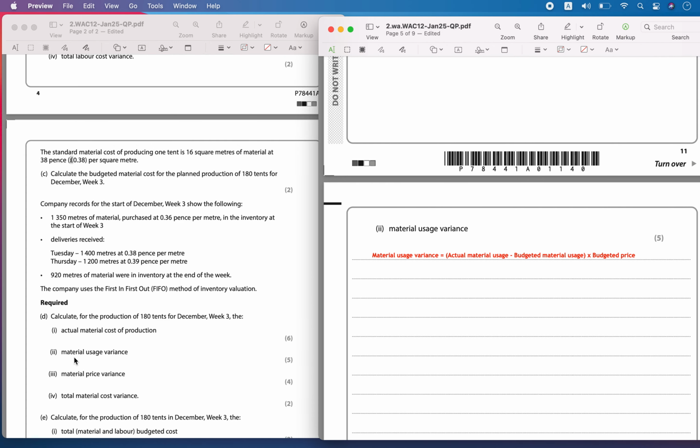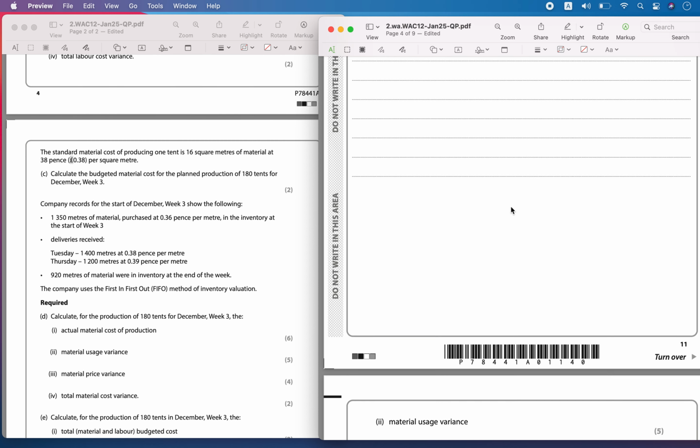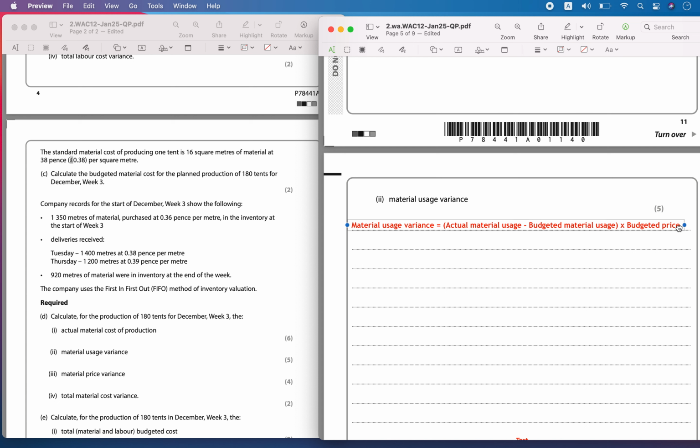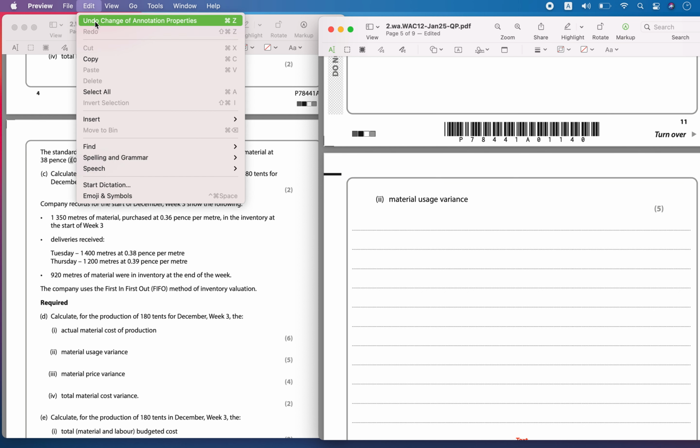Then they want you to calculate the material usage variance. Was there a usage variance and how much of it has happened? Now what was the actual material quantity consumed and the quantity that should have been consumed, which was budgeted earlier.